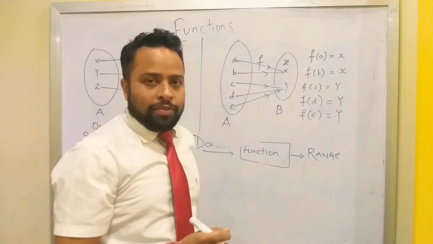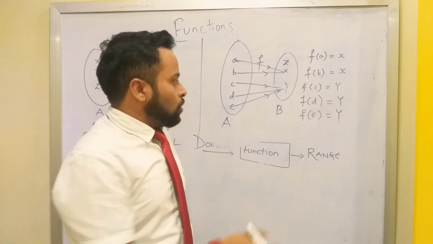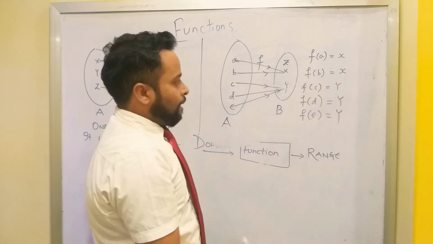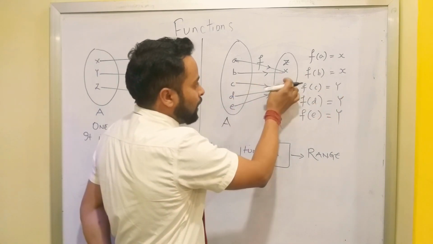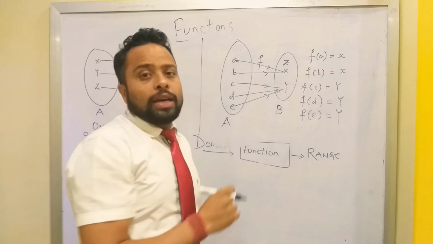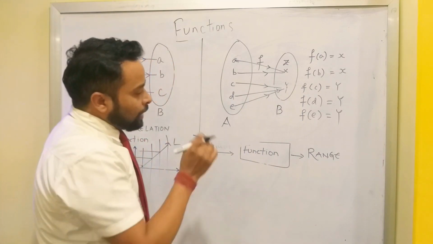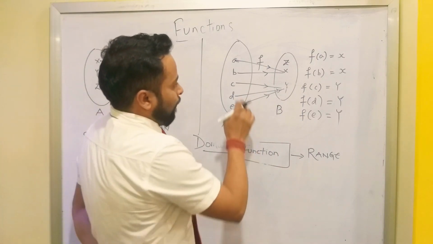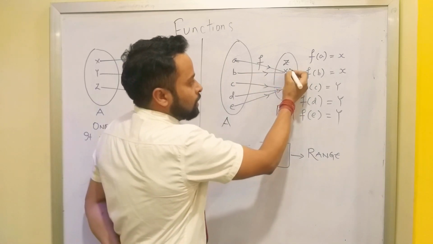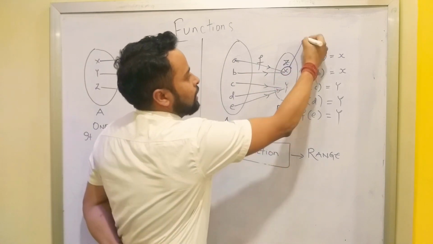There is always a confusion between codomain and range. Codomain is your set B, and your range is only those elements which are mapped in set B. One more thing I want to utilize is, whenever this happens, this x is your image.